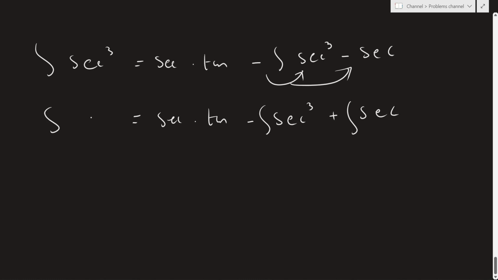Great. Now you have to open your eyes. On the right, we have negative secant cubed, and on the left, we also have secant cubed. Since it's negative, it's going to be positive when it goes to the left. So there will be 2 integration of secant cubed equal to secant times tan plus the integration of secant.